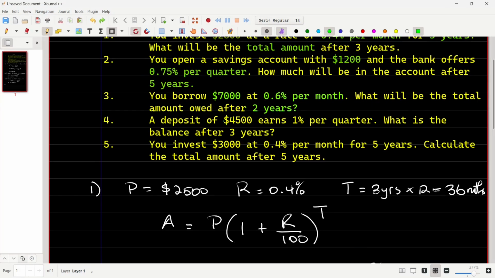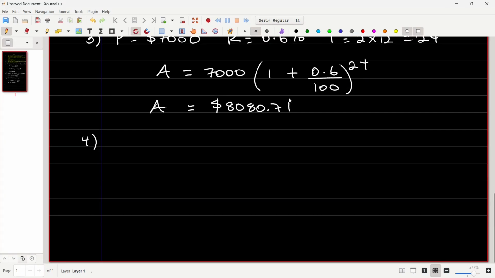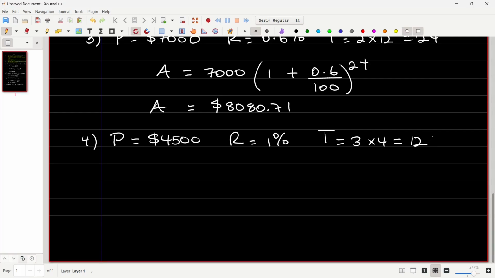Number 4: the deposit is 4,500 at 1% per quarter. What is the amount after 3 years? Let's solve that. The principal would be equivalent to 4,500. The rate would be equal to 1% per quarter. The time interval we have is 3 years, and we know that there are 4 quarters in a year, so that means we have 12 intervals.